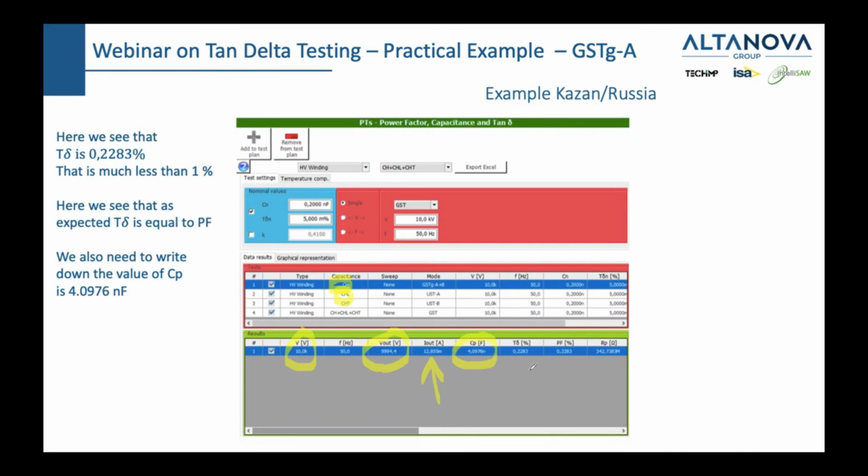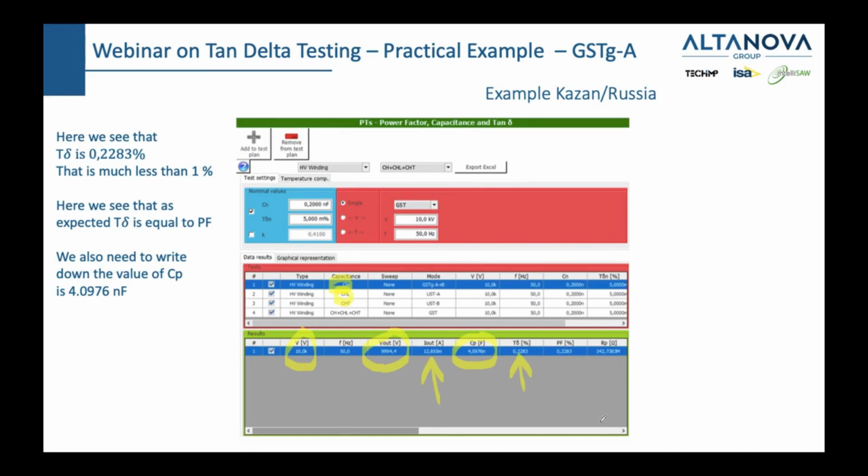The tan delta is the number we're looking for, and we have here 0.2283, which is more than a good result since it's less than 1%. And you can see that the power factor is the same as tan delta. That's what we mentioned before: up to 10 degrees, they're almost the same, and even up to 5 degrees, they're the same up to, I think, even the third decimal.